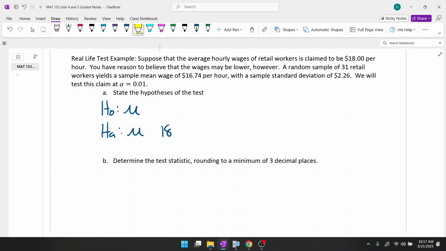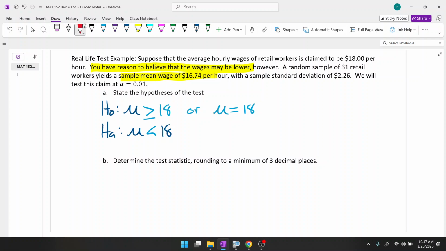And by virtue of the fact that it flat out says this, and the mean is actually lower, you're going to go less than. Now, keep in mind, when you're writing hypotheses, it has to be the same value, 18: greater than or equal to, or mu equals 18.